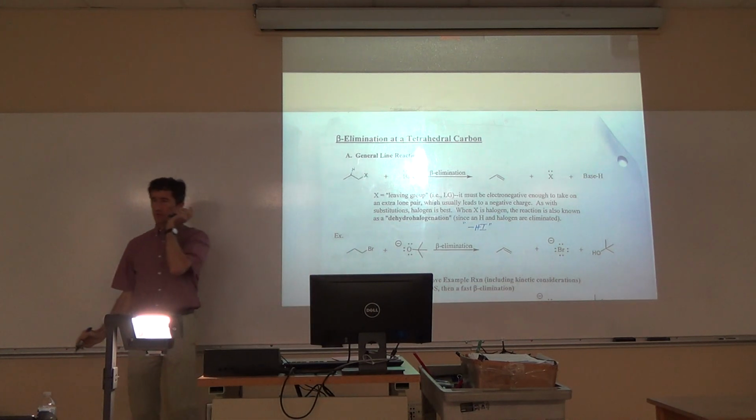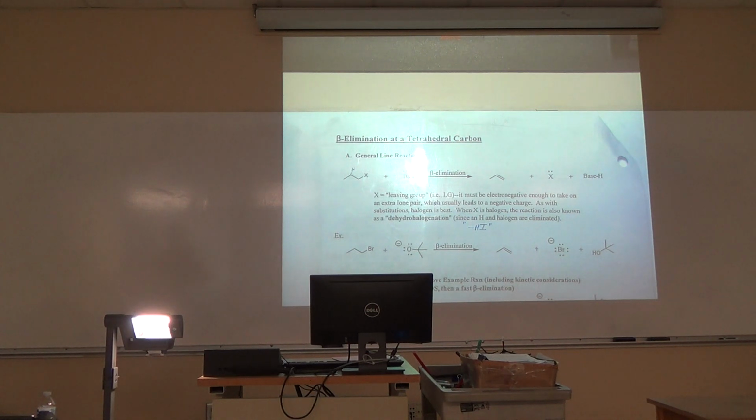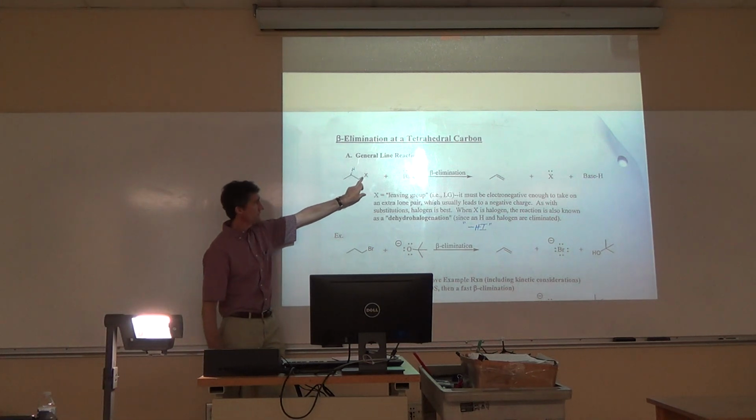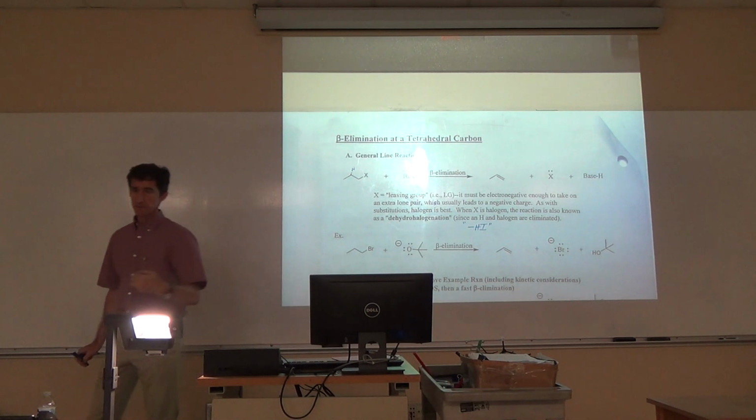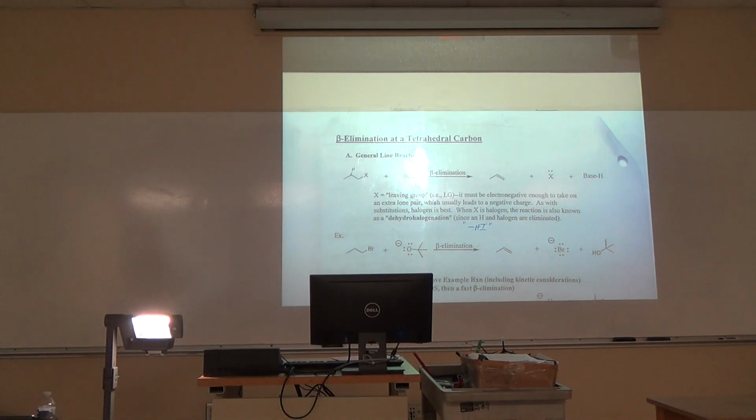Where's the hydrogen located compared to the leaving group? It is 1, 2. We use a little different terminology here. The first carbon can be called the alpha carbon, and the H is on the beta carbon. Because of that, it's often called beta elimination, referring to where the H is.